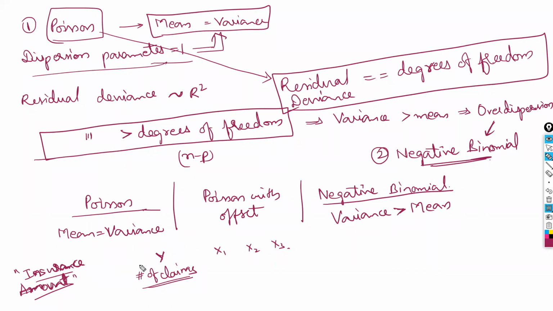So for every small thing, you go and claim insurance. So if the number of claims depends on the insurance amount, you can either treat this insurance amount as an offset variable, or you can include this as another input. Either way, you need to include the effect of this, like a confounding or moderating variable.